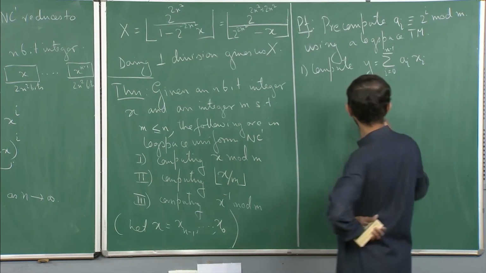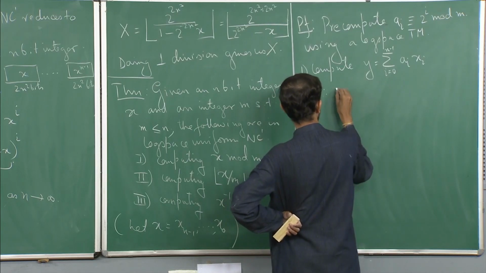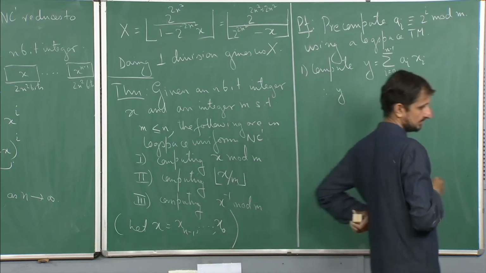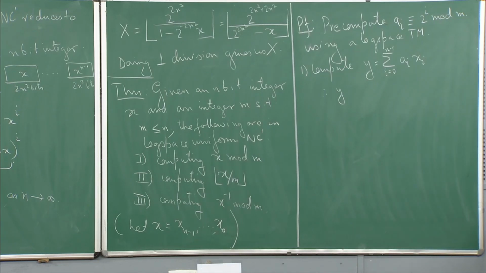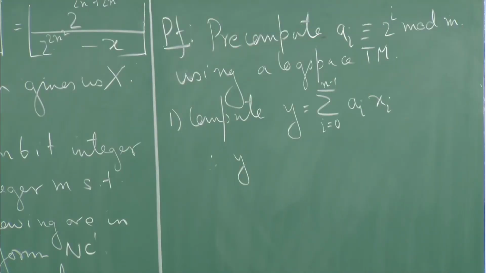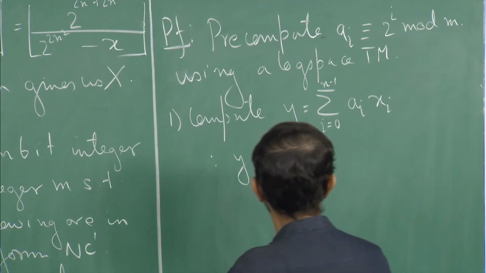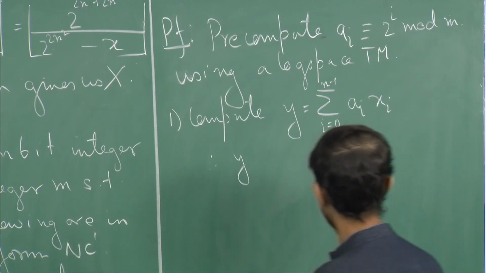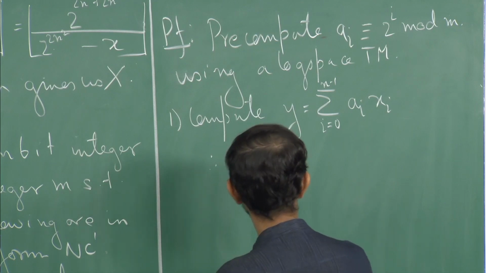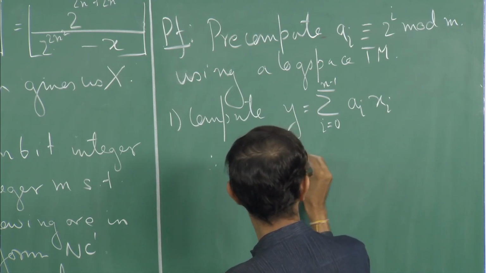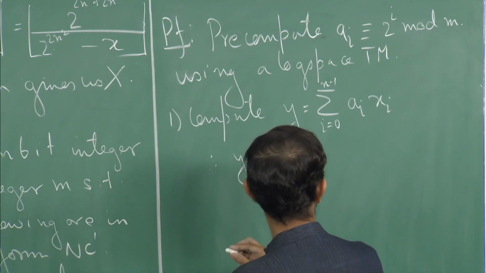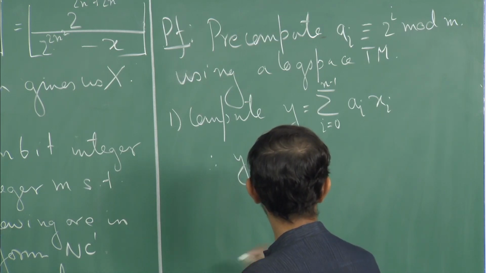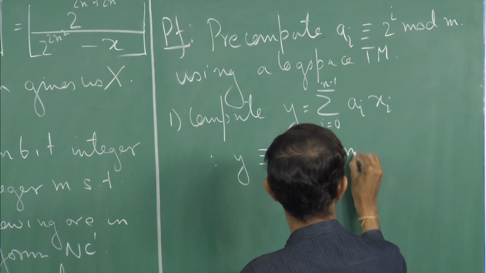Okay. What does it mean? So, it means that these a_i are congruent to 2 to the power i mod m, which means that this y is also congruent to x mod m.